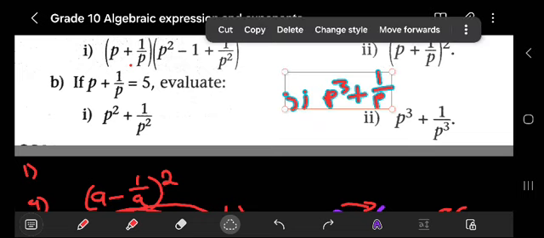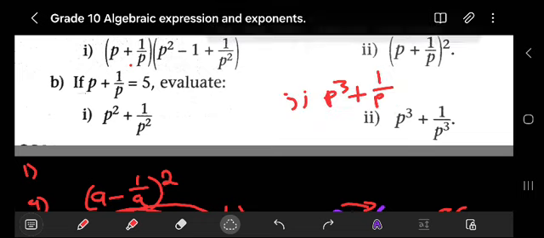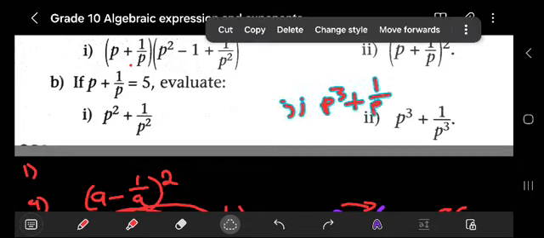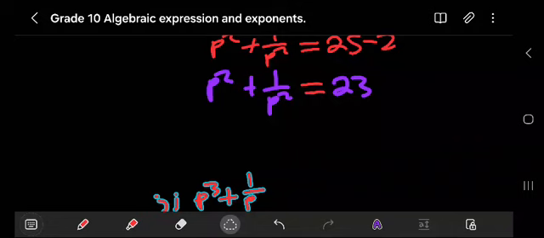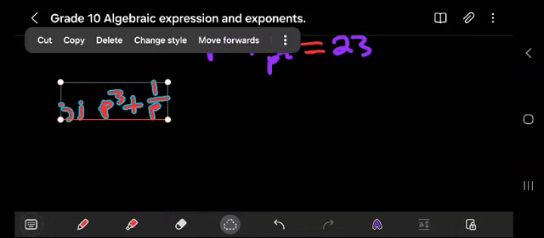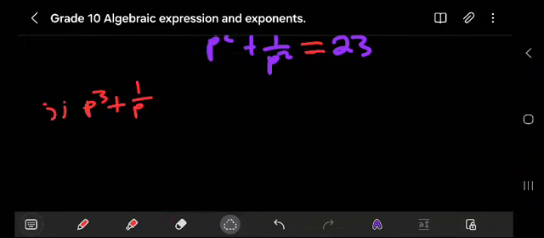Remember, we're still given that p plus 1 over p is equal to 5.